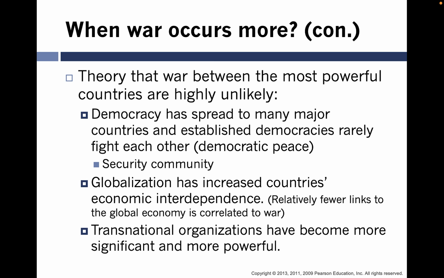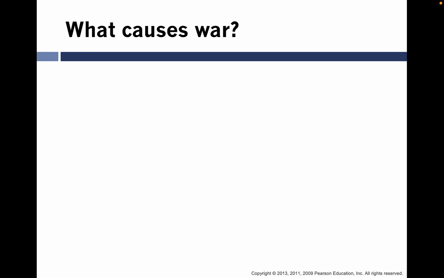Let me strike the word disagreements. Obviously I have disagreements, but I just wanted to reiterate that I mean violent disagreements. Globalization has also increased countries' economic dependence on each other, which we talked about. And transnational organizations have become more significant and more powerful, which we looked at in chapter 11.